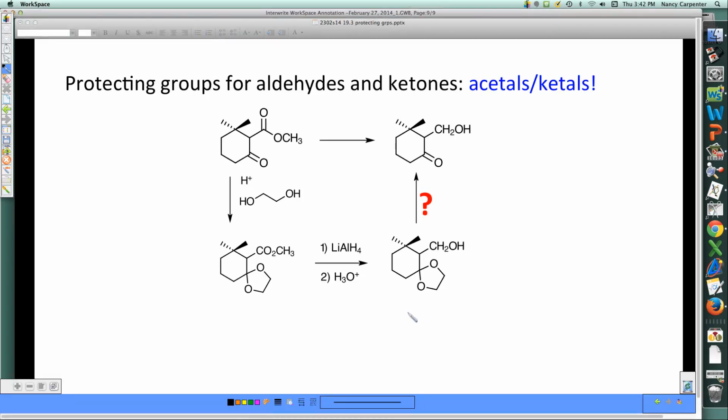Figure out the change in oxidation states and what are the reagents I need to go from here to here in the deprotection stage. Deprotection. Alright, so protecting group for aldehydes and ketones, you make a ketal, and cyclic is better than acyclic because it is actually easier to form because of that intramolecular nature.